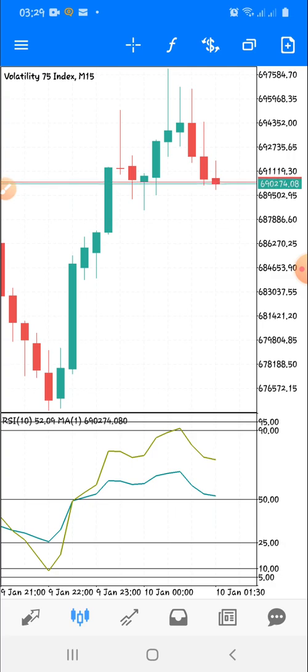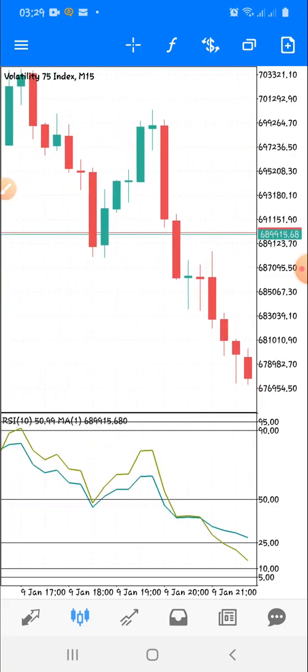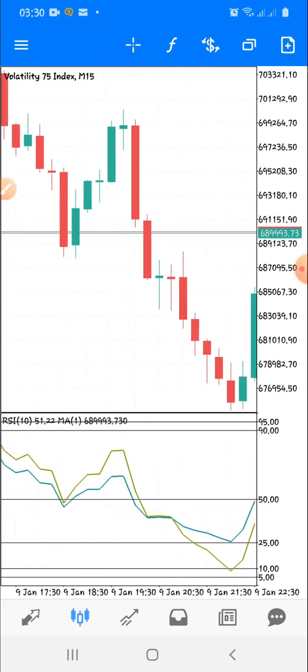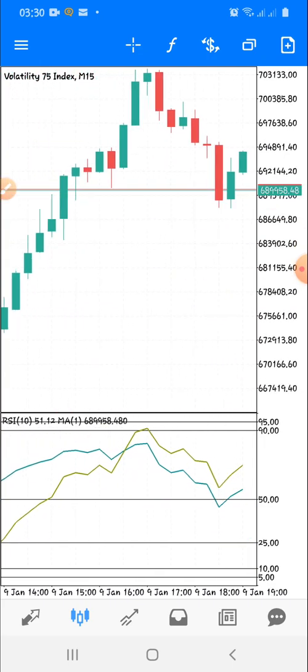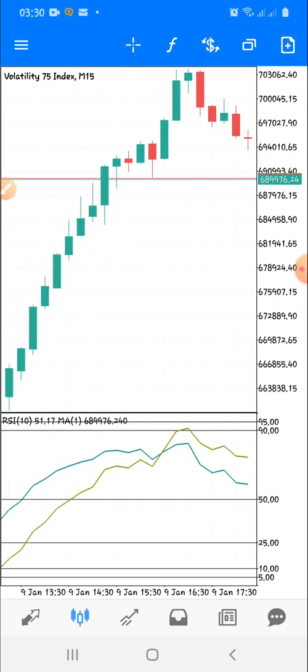So let's get started. First things first, we have to add our indicators. But what I can say about the volatility indices is that mostly what I've observed is that they rely more on candlesticks, dodgy candlesticks.